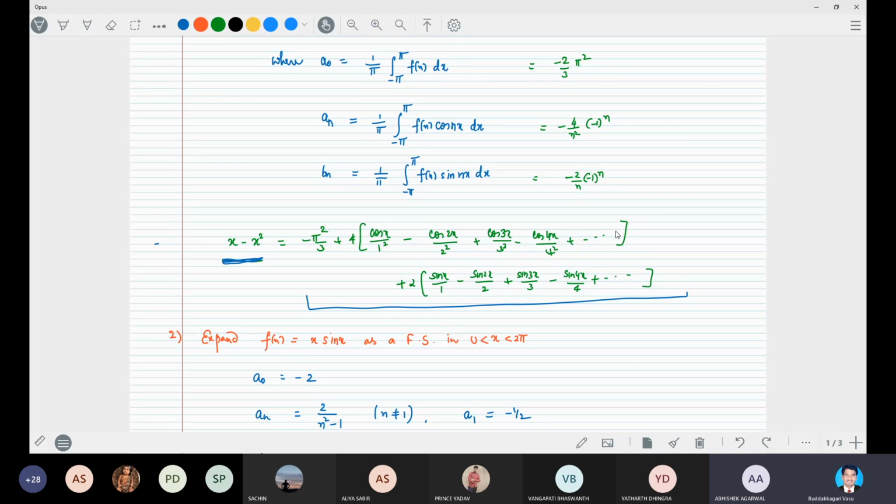In the interval from minus π to π. This series is not valid in any interval other than minus π to plus π.